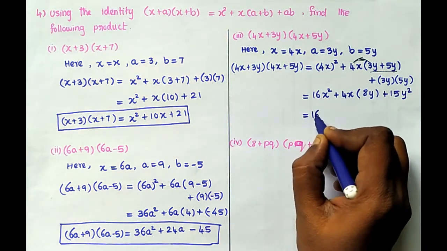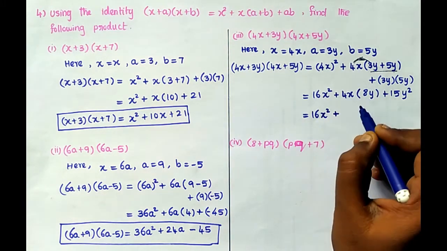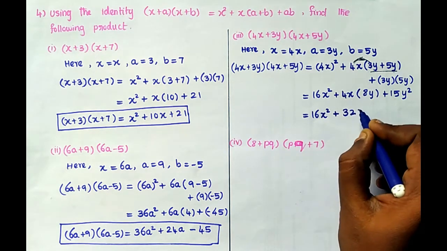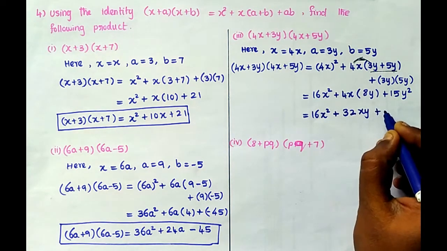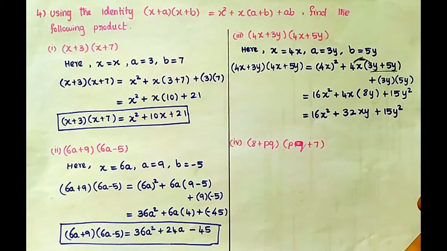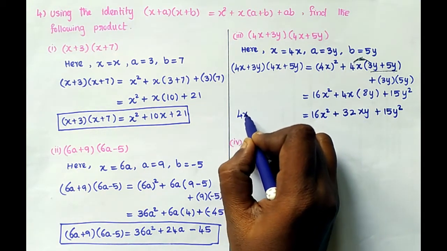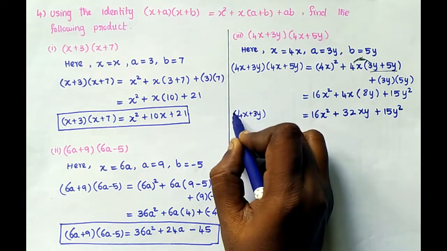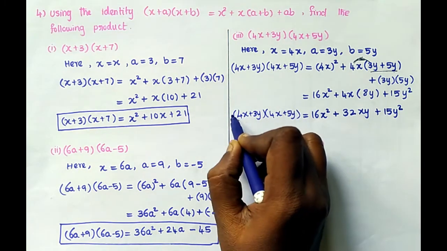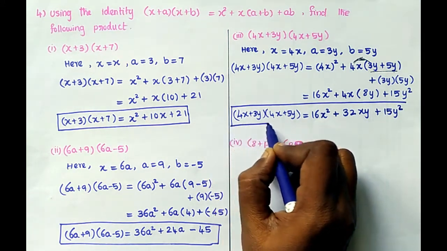Now 16 x squared plus 4 8s are 32, x into y, xy plus 15 y squared, that is 4x plus 3y into 4x plus 5y, that is the answer.